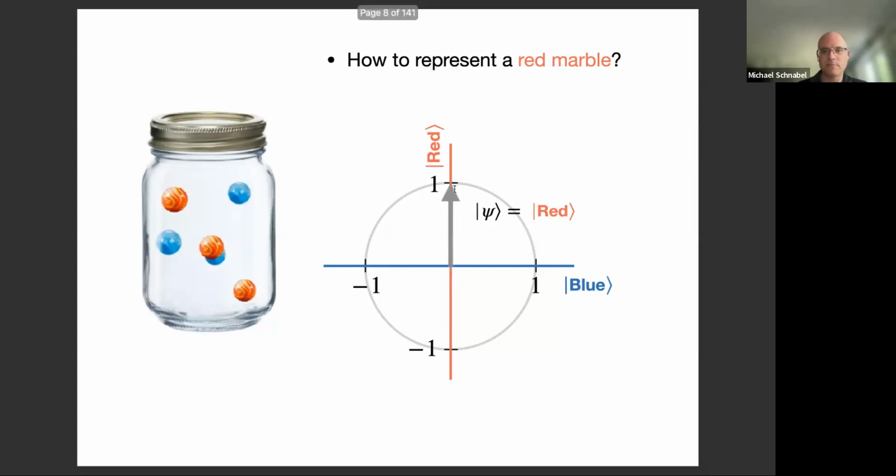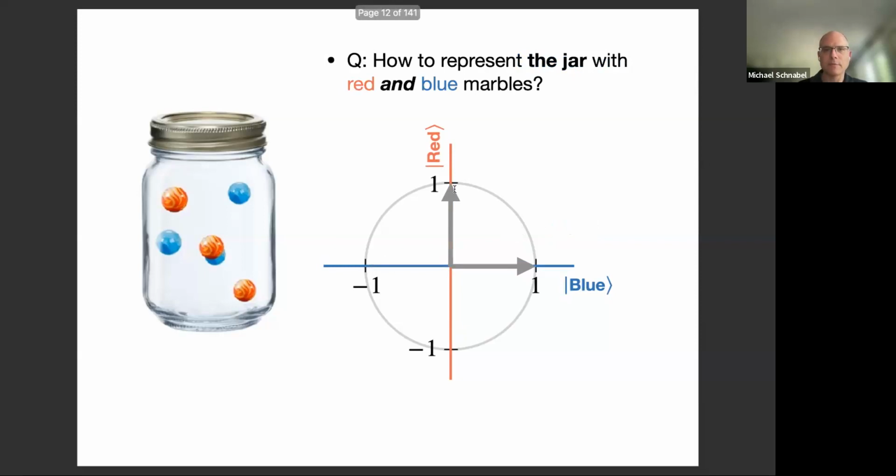So we have a certain freedom to assign what we mean by the red marble, and actually it doesn't matter. So the entire axis, confined to length 1, is an equivalent representation of the red marble. Same with the blue marble. Both representations represent a blue state. Okay? It's just this axis which counts.